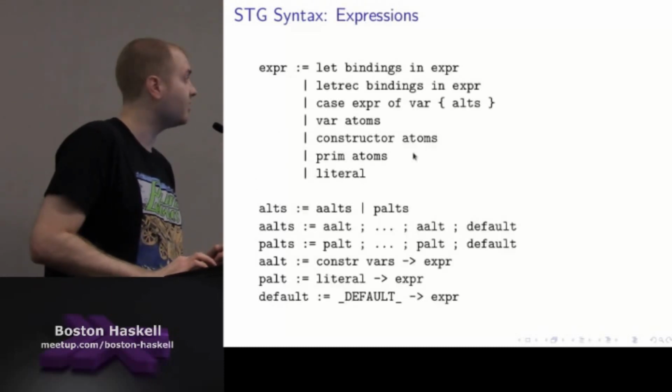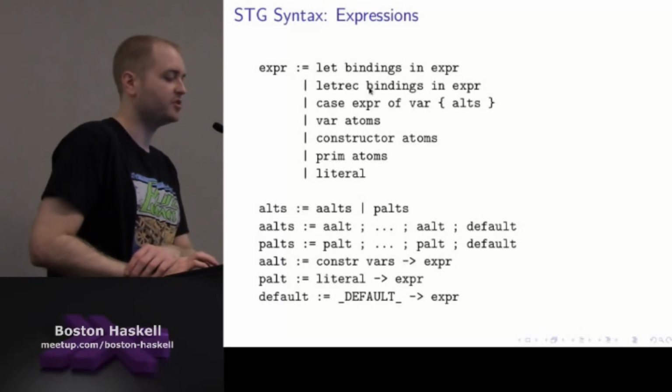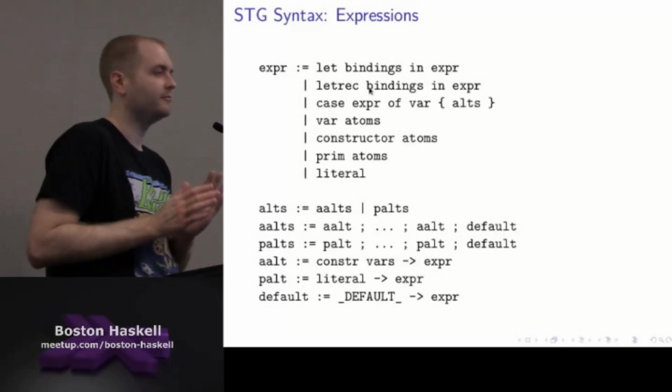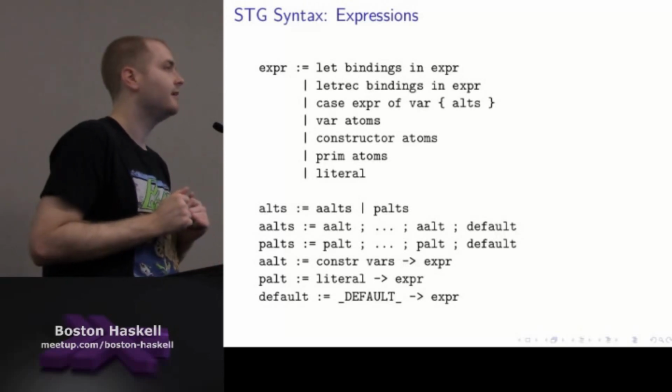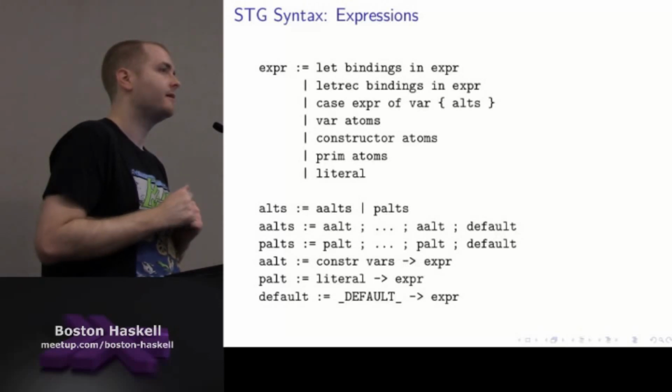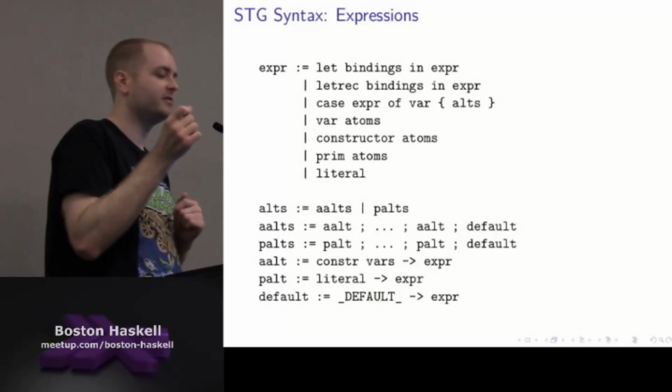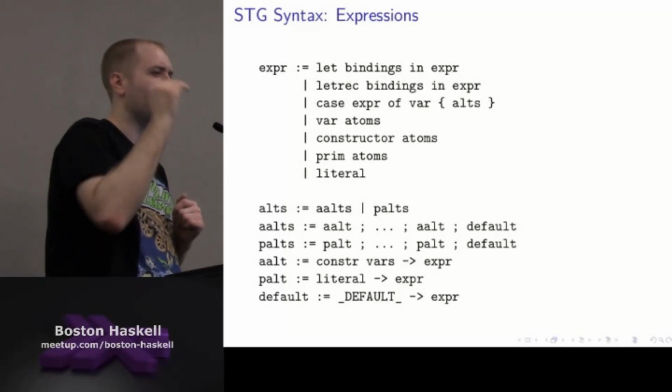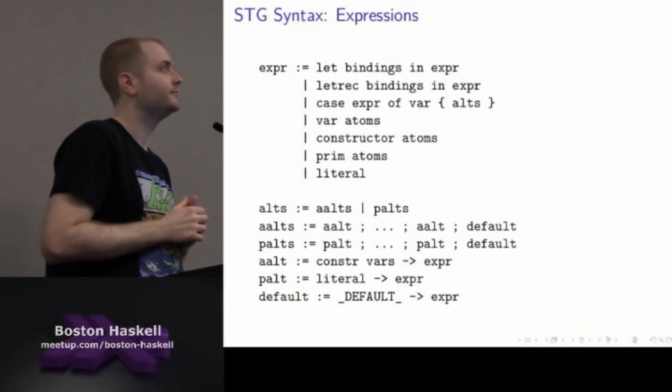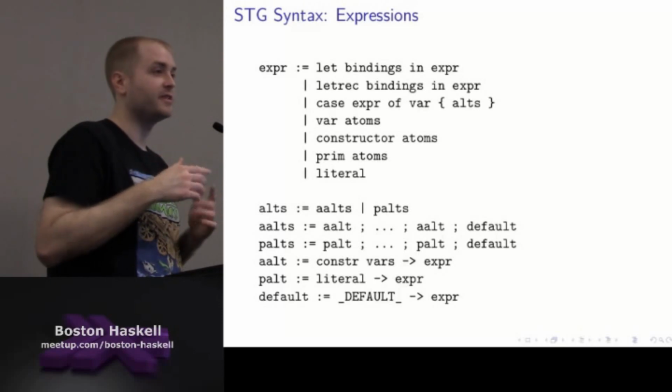And then the expressions are, you can let a bunch of bindings, you can let a bunch of recursive bindings. So regular let, when you see let, things are not in scope in themselves, and I believe it's probably ordered. I'm not quite sure, but you can't have mutually recursive things without a let rec.